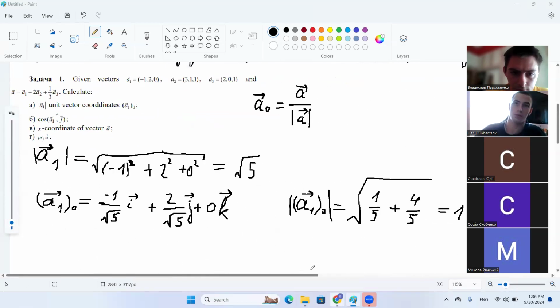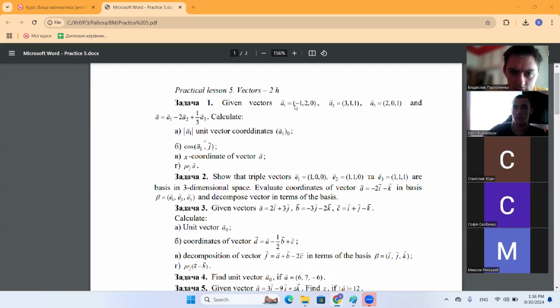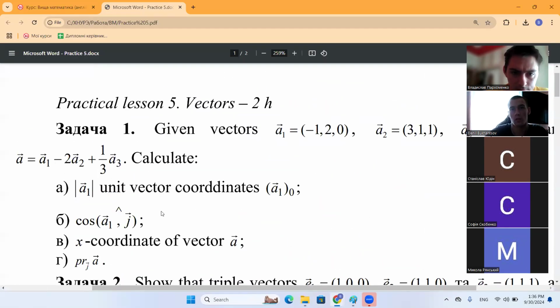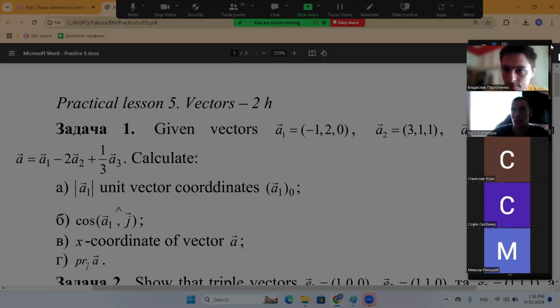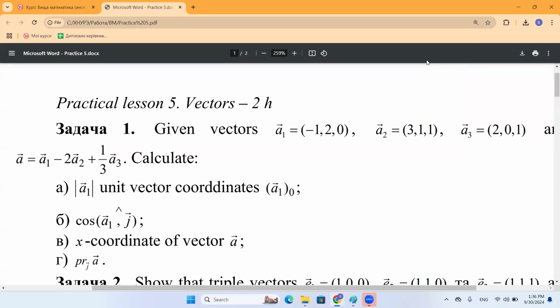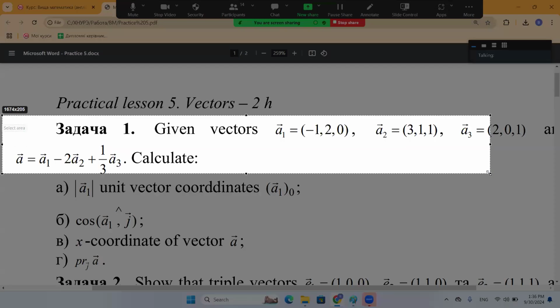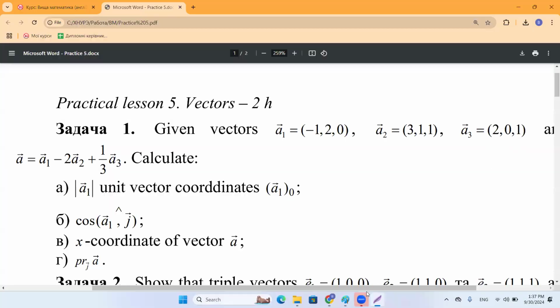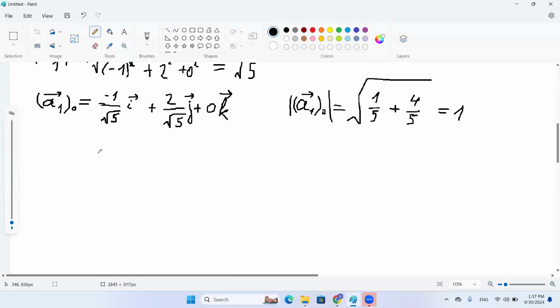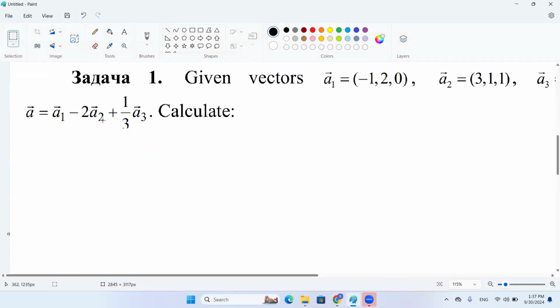I will make a better screenshot. It will look better. So we need to calculate a vector A. So who wants to assist, somebody new of you? I hope that I will talk to everyone.